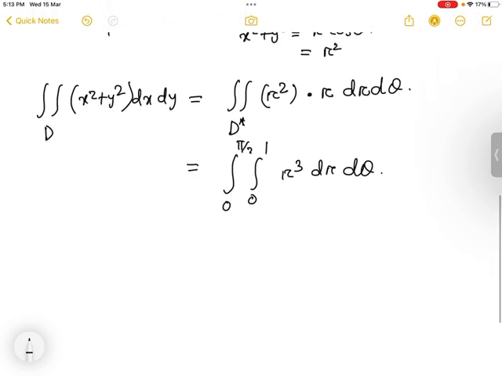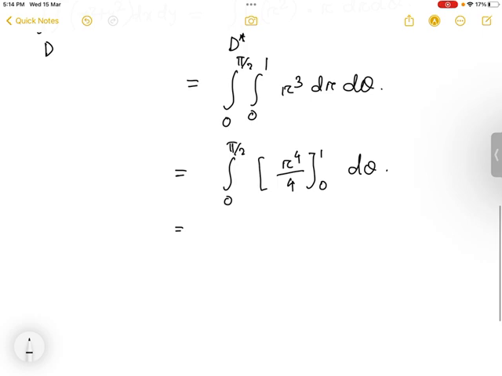Now first we will integrate with respect to r, so this will be integral from 0 to pi by 2 of r to the 4 by 4, evaluated from 1 to 0, d theta.